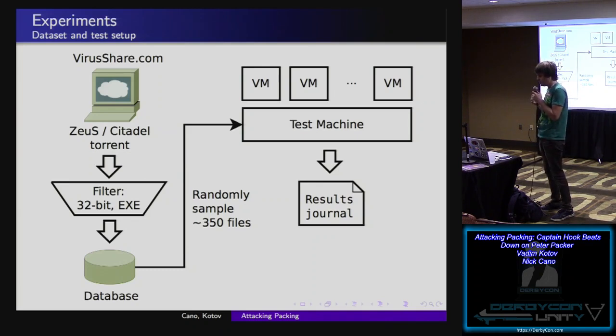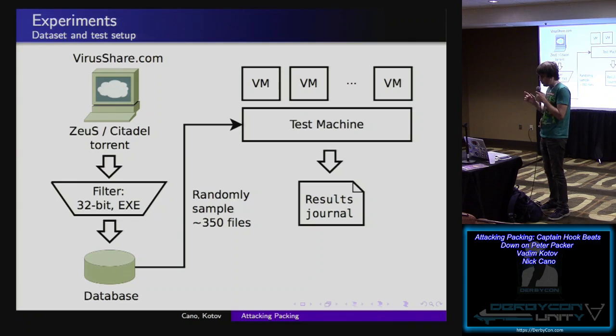And we chose the Zeus and Citadel pack because there are many samples collected over like 5 years or so. These are banking Trojans that are very well studied, and it's easy to automatically check whether the unpacking was complete or not, because different malware artifacts such as registry keys and user agent strings are known, so we could check for that.